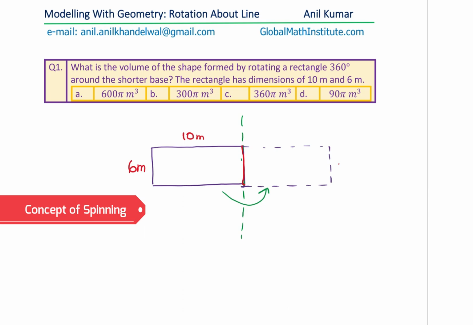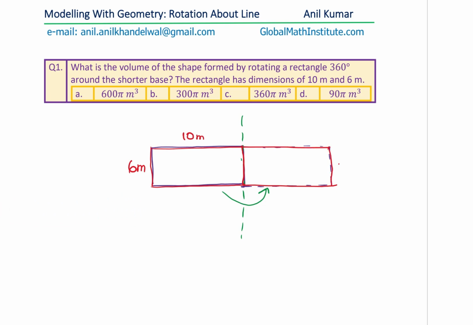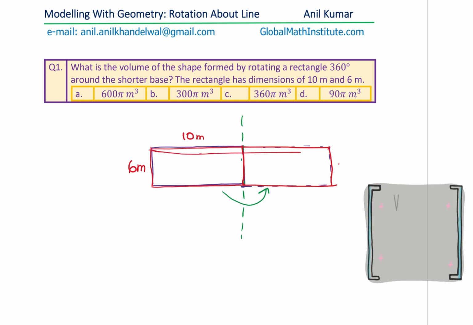It is a visualization like spinning. And when it spins as shown here, it will actually form a cylinder whose height is going to be 6 meters and the radius is going to be 10 meters. You get an idea. That is the kind of solid which you get. It's kind of like this. Do you see when it spins like this? That is the cylinder you are looking for. Is this clear to you?